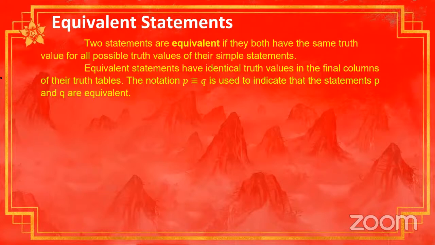Equivalent statements have identical truth values in the final column of the truth table. The notation is P is equivalent to Q, and it is used to indicate the statements P and Q are equivalent.